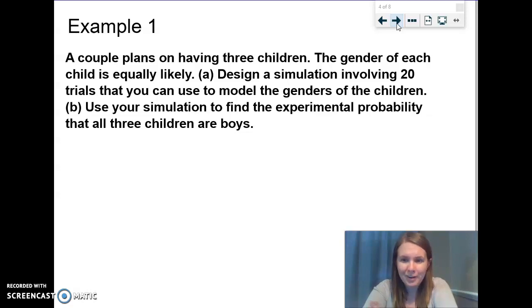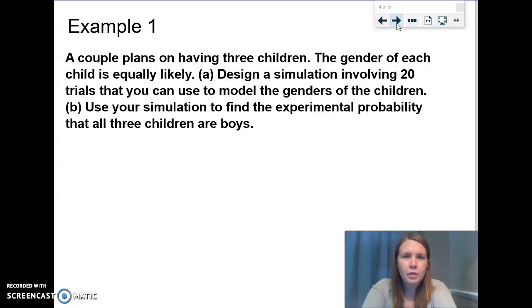I'm pausing right there. So here is why we're doing a simulation and we're not trying this, because you imagine how much research you'd have to do into this and being like, okay, there's this couple A and this couple B and this couple C, and they all have children within 10 years, and it would take a long time. So we're going to create a simulation involving 20 trials that you can use to model the genders of the children.